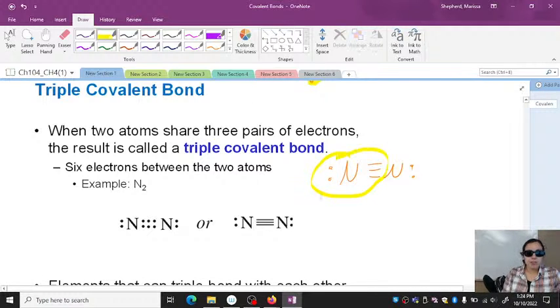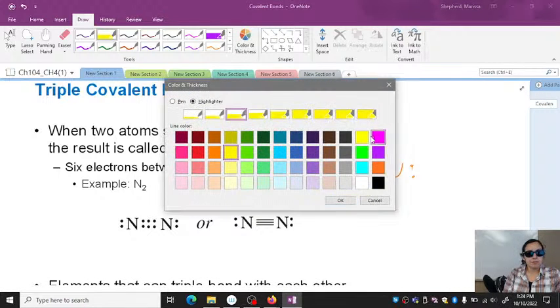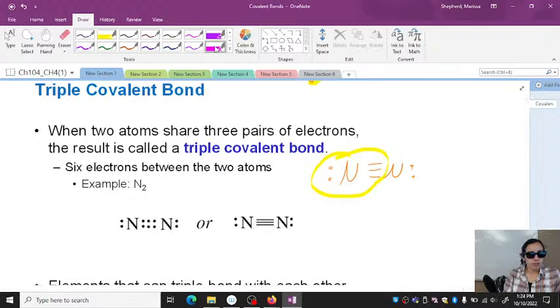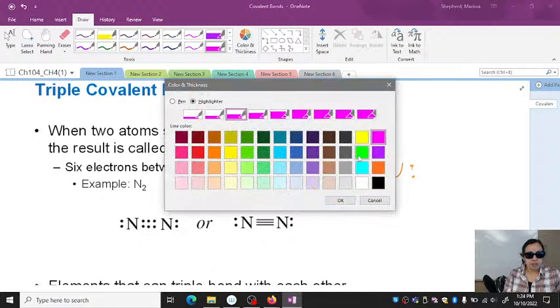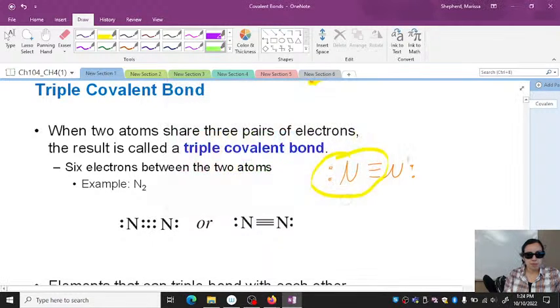Our left nitrogen, 1, 2, 3, 4, 5, 6, 7, 8, satisfied by the octet rule. And then our other nitrogen, 1, 2, 3, 4, 5, 6, 7, 8, so both satisfied by the octet rule.